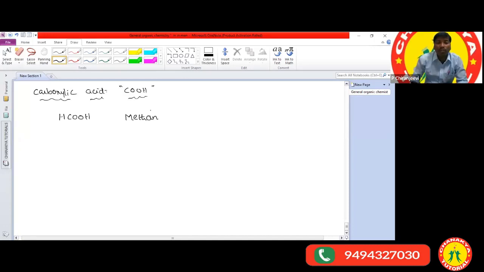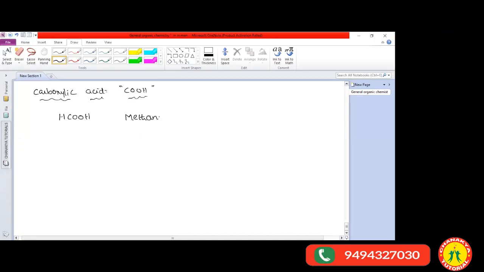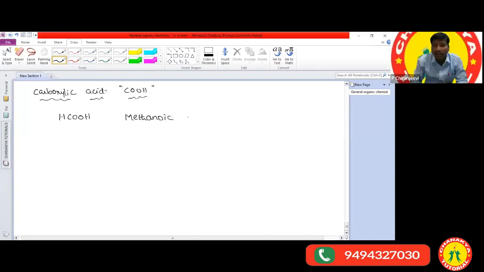What is the suffix of the carboxylic acid? Oic acid. Very good. So then what is the IUPAC name of the given compound? Methanoic acid. If you read it all together, the name is methanoic acid.